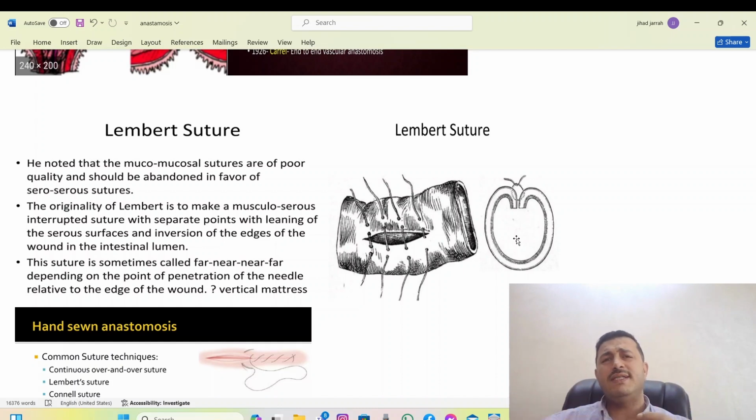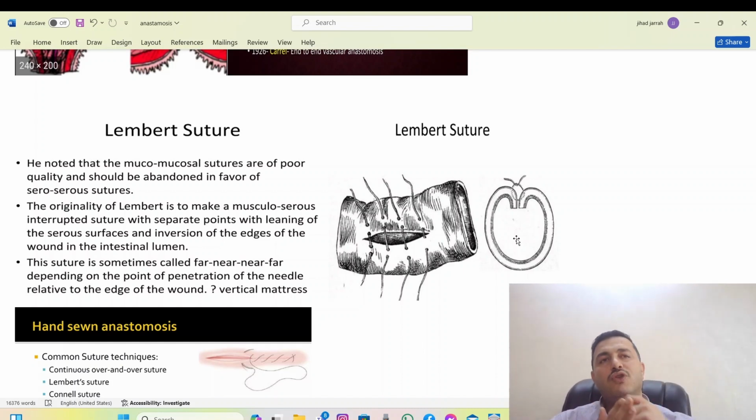But roughly we say we need to go deep 3 to 5 millimeter and apart from each other 3 to 5 millimeter.